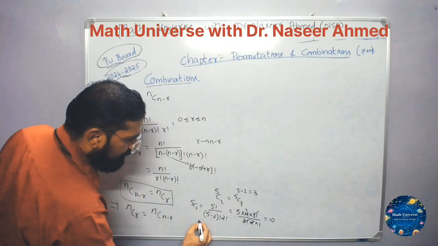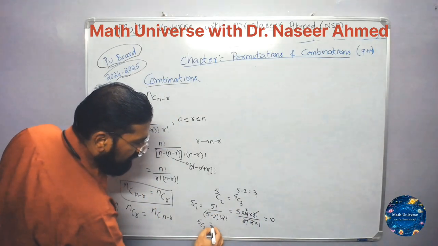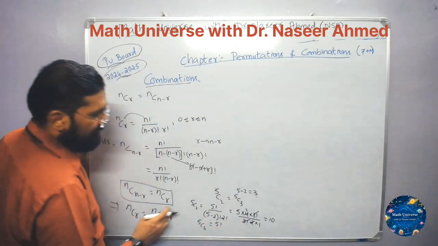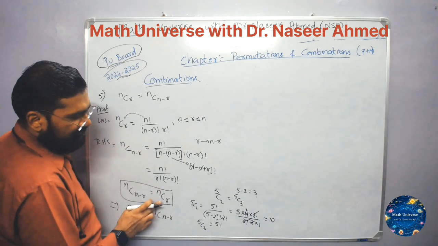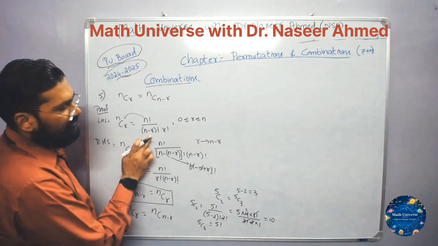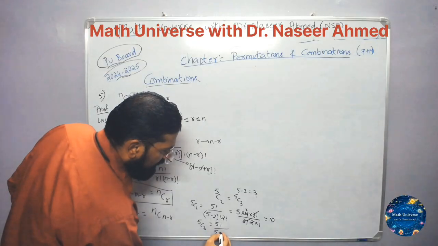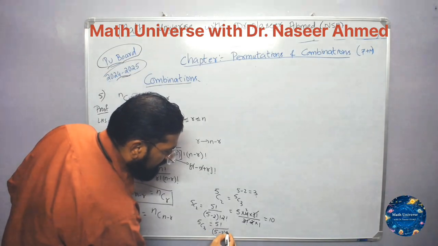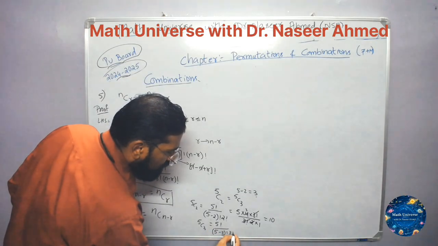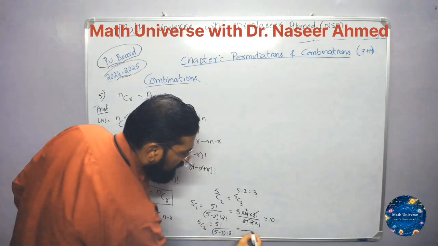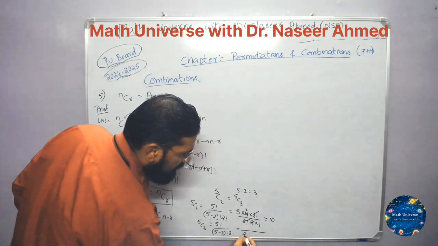Come to 5C3. 5C3 will be again 5 factorial, in place of r we have 3. So wherever r is there, put 3. So divided by (5 minus 3) factorial into 3 factorial. 5 minus 3 in the denominator is 2 factorial.